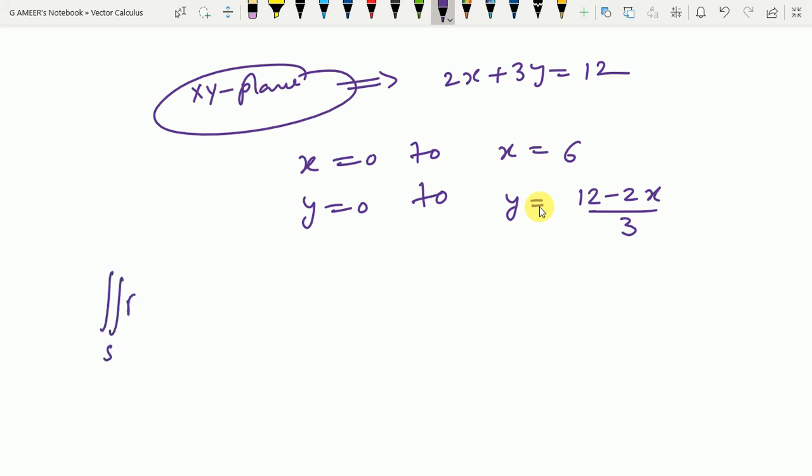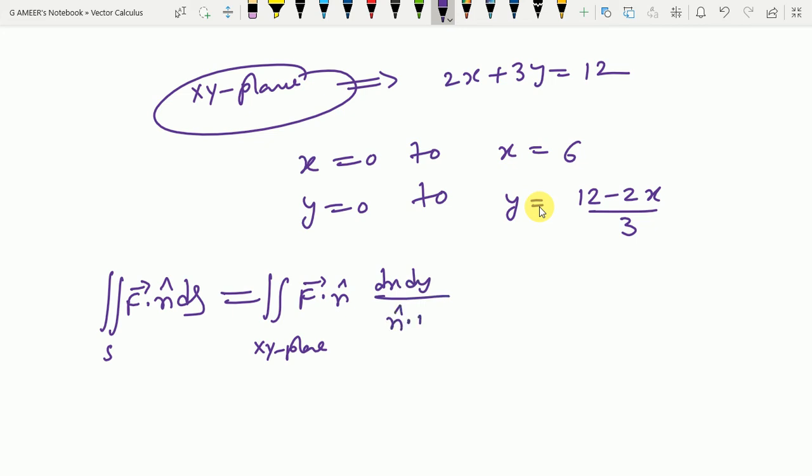So the integral of F dot n cap dS becomes, on projection onto the xy plane, F dot n cap dx dy divided by n cap dot k cap.